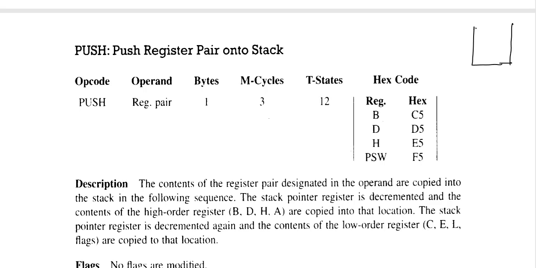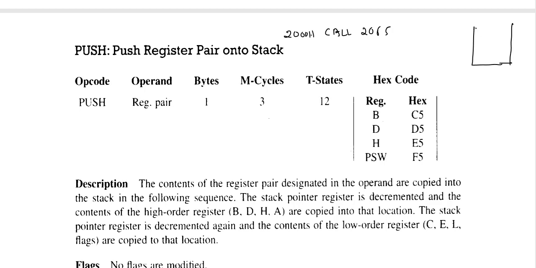For example, I say CALL 2065. This is the location of the subroutine we are calling, which has address 2065, and this instruction is written at location 2000H.